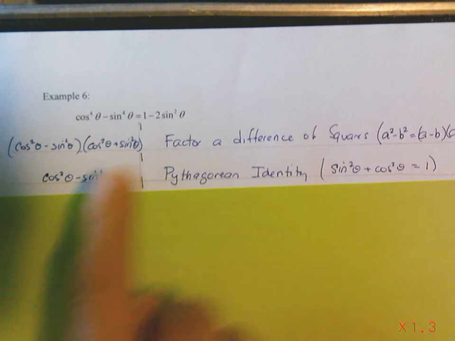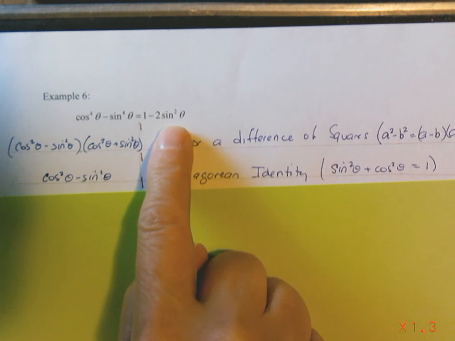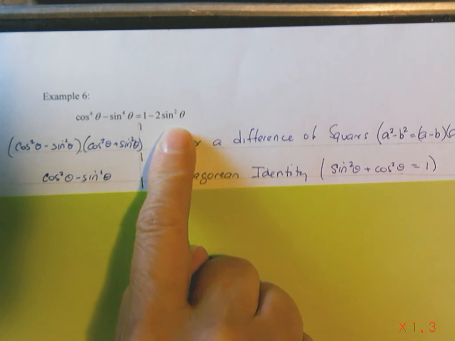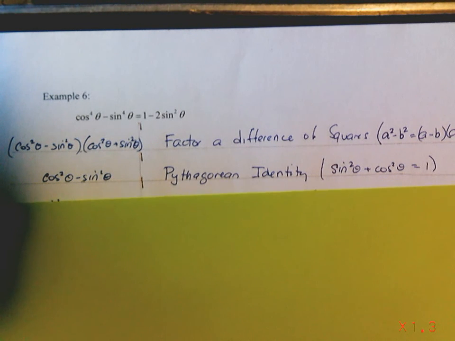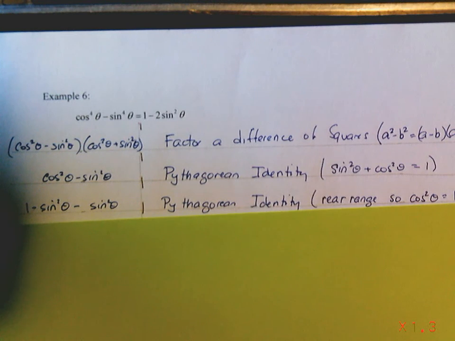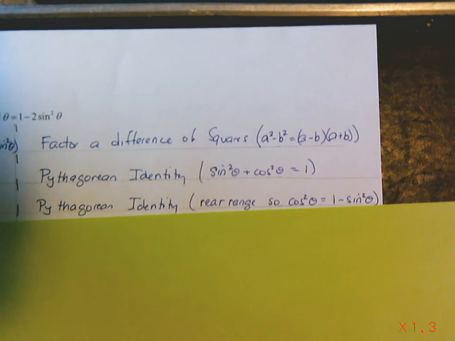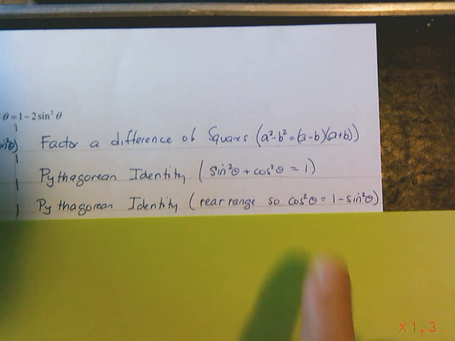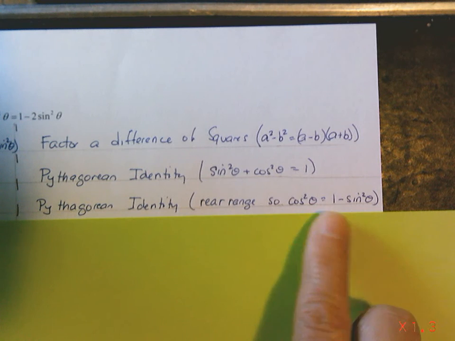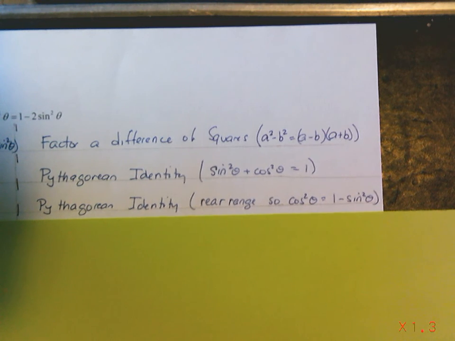And I look to where I want to go. I want to go to 1 minus 2 sine squared theta. So I want to get rid of the cosine squared theta. Well, if you notice, if you rearrange the Pythagorean identity, sine squared theta plus cosine squared theta equals 1, I could solve this for cosine squared, and I get 1 minus sine squared theta.